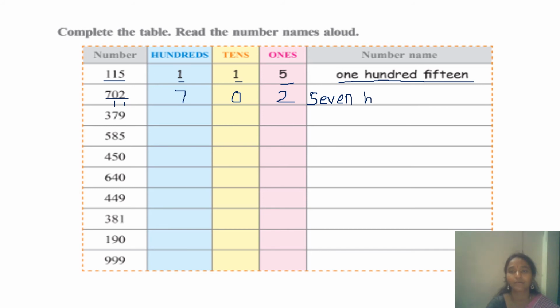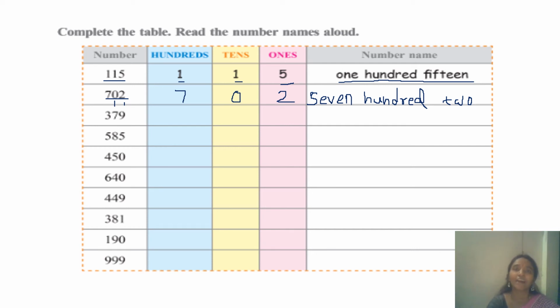H-U-N. 702. Okay. T-W-O. 2. Next. What is the next one?